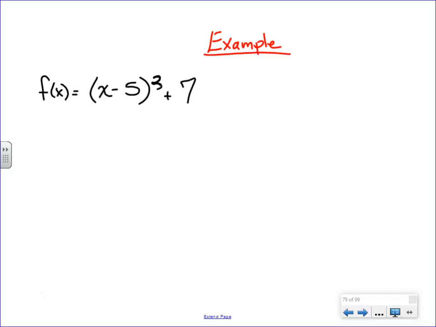The very first thing you should be trying to do is, what's your action step with inverses? Switch the x and y and solve for y. So who is y? Switch them with x. And break down each of those operations going on.